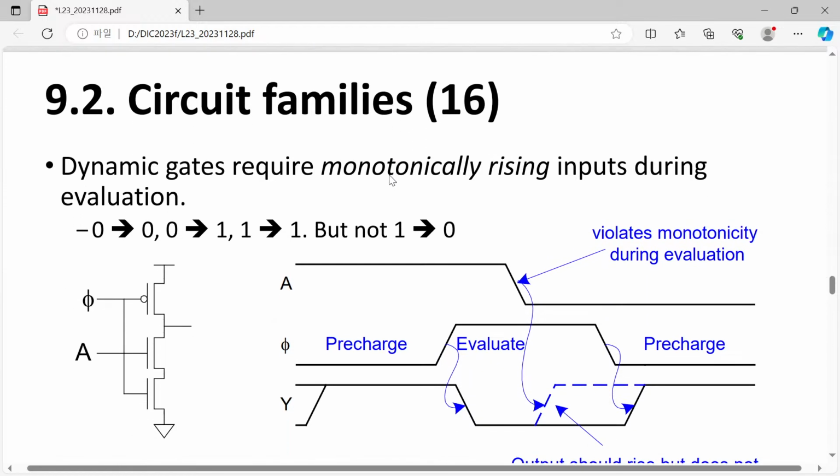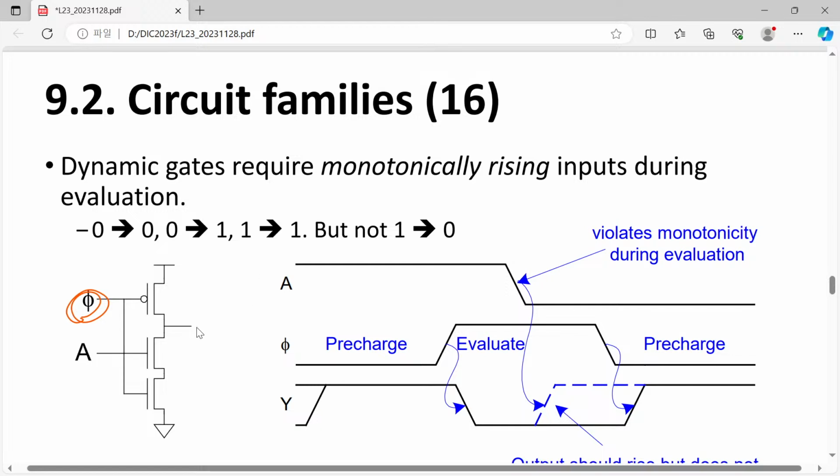So simply speaking, compared with the pseudo NMOS, which always tries to charge the output node, there are certain advantages because the charging phase is just limited by our clock signal. So we just prepare a fully charged output and only the input signal discharges it. Sounds great, but there is one problem.